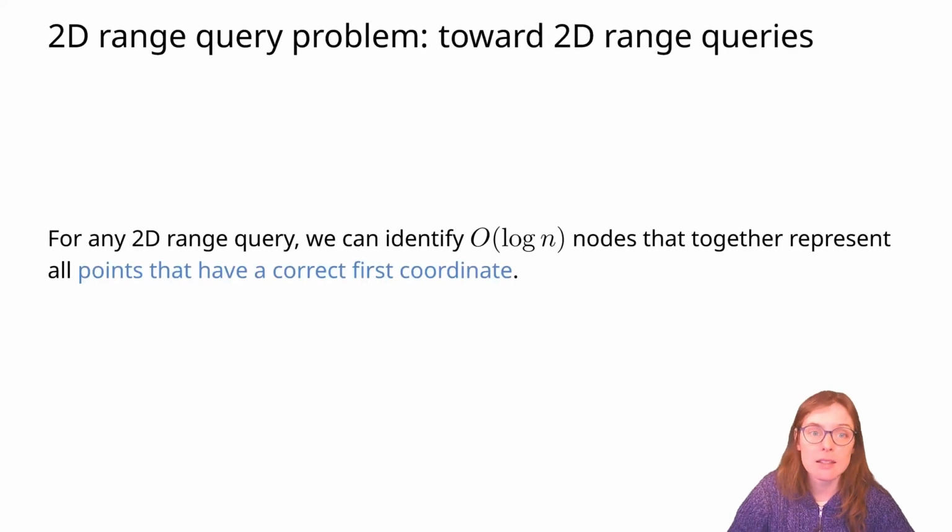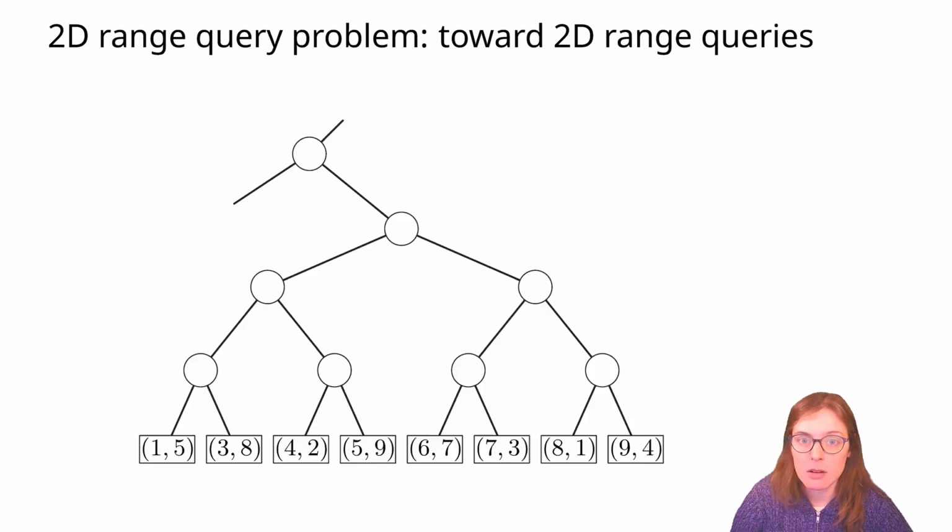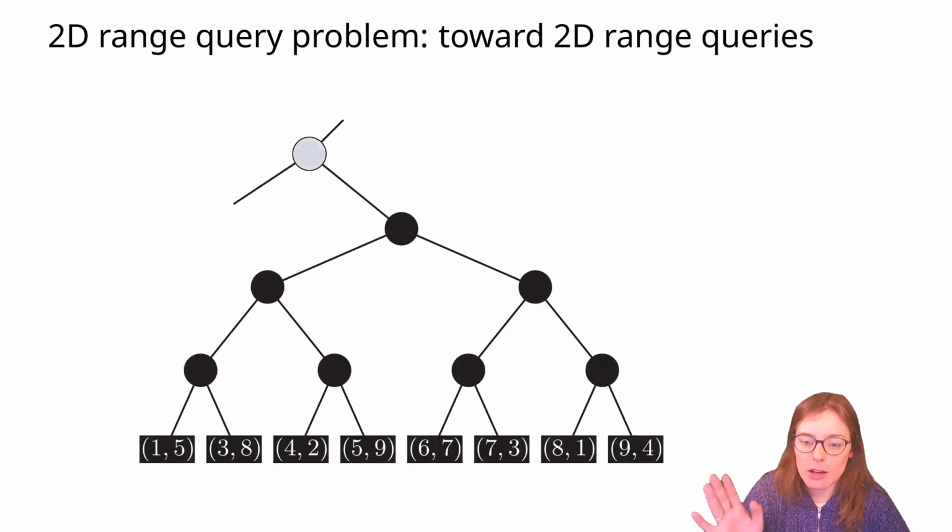This implies that for a two-dimensional range query, we can identify a logarithmic number of nodes that together represent all points that have the correct first coordinate. So if we build the binary search tree on the first coordinate, we can have a representation of all the points that fall within a given range of the first coordinate, the x coordinate.